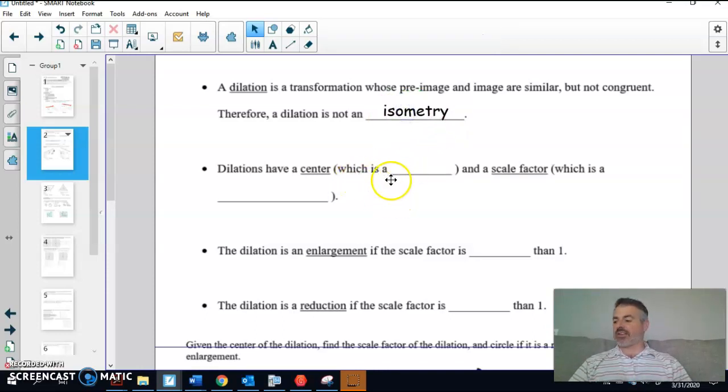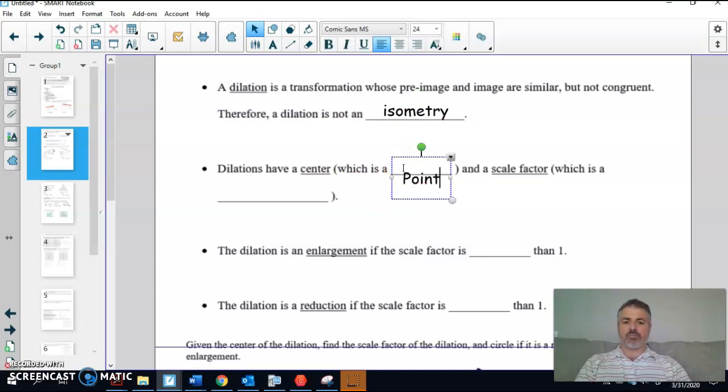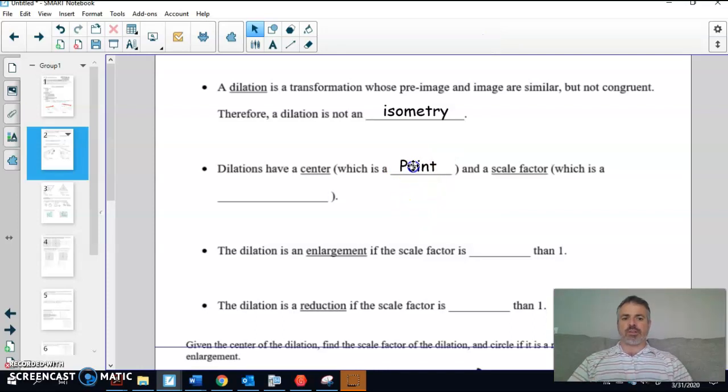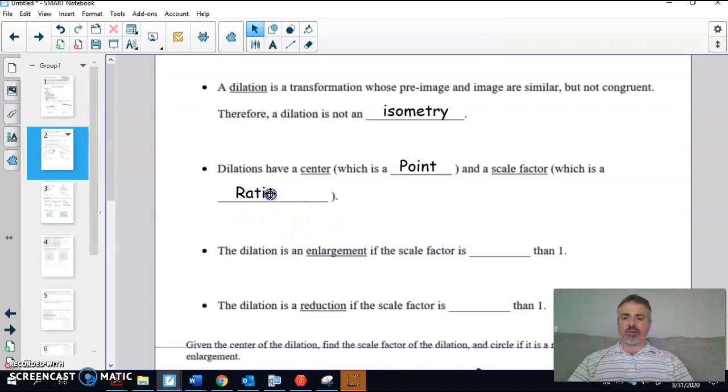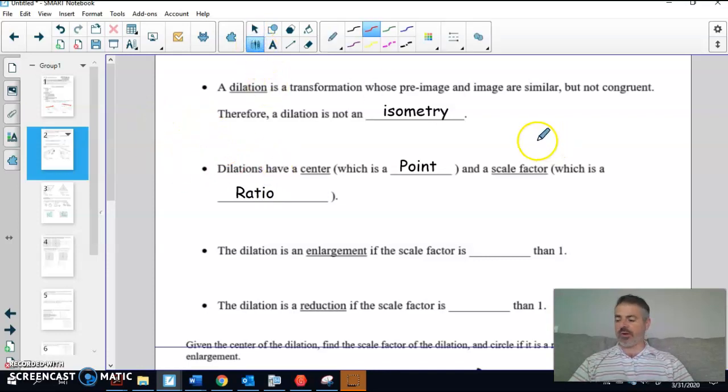Dilations always have a center, which is a point. The scale factor is basically a ratio. It's the same ratio we looked at in similarity. The scale factor for dilations, though, we're going to use the variable n for.